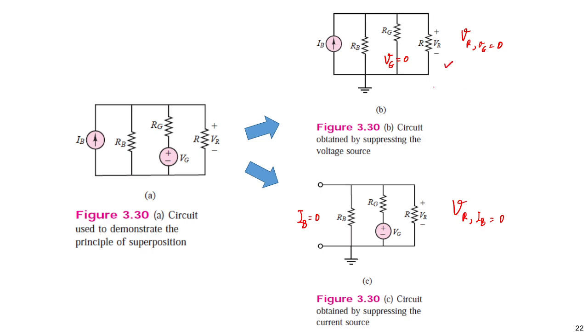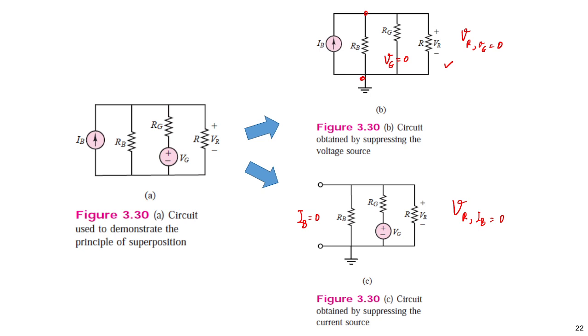Is that correct? Can you solve for VR of this circuit? You just get the equivalent by summing the parallel resistors together, and find the voltage across. Not difficult. And in this case, you can solve for VR also. You can use the parallel circuit, and it's in series form.